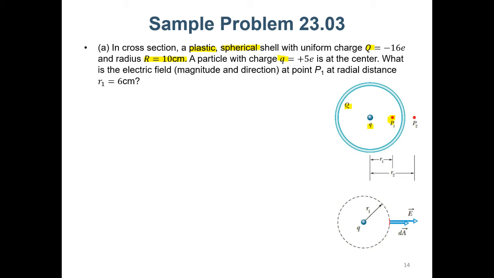This charge will generate E field at this point, and then this integration will definitely not be easy to calculate. So if you make use of the Gauss law, you can calculate the E field at point P in an easy manner.